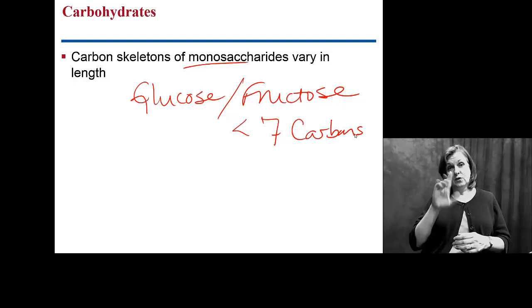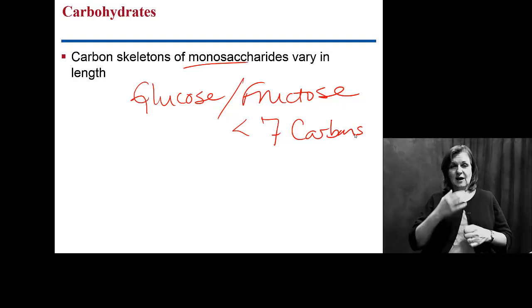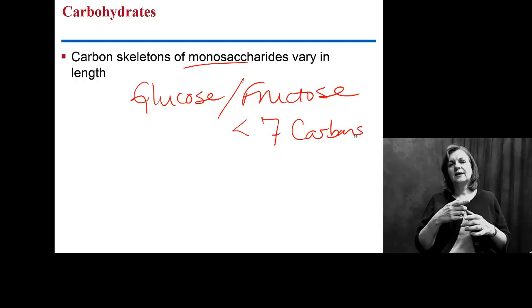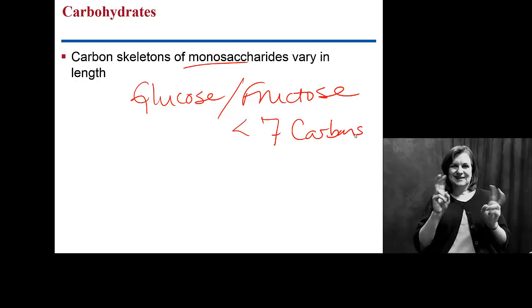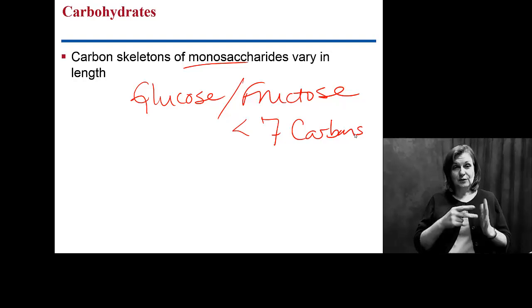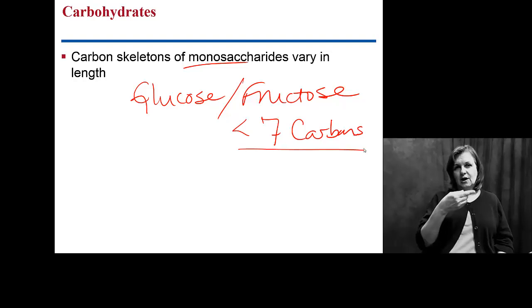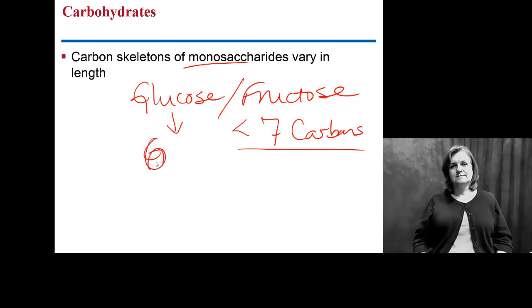This is important because in order for your body to burn simple sugars, to use simple sugars for energy, it has to be a simple sugar, meaning, in this case, less than 7 carbons. Okay, most of them, glucose that we look at, has 6 carbons.